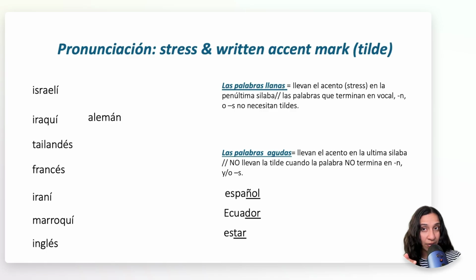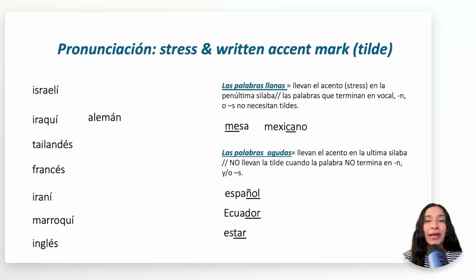Now let's see some examples of palabras llanas. So here we have mesa, so mesa, the stress is in me. Mexicano, there we have the X. We don't pronounce this like C, but like J, mejicano, and then ka is the stress.